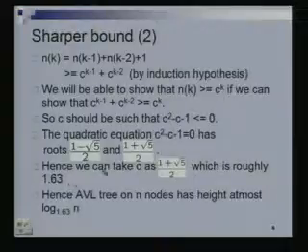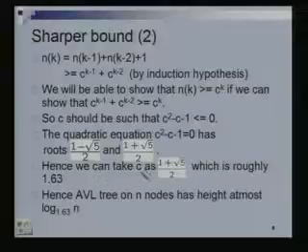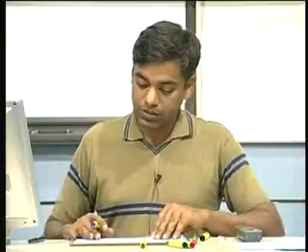And so you will have that the AVL tree on n nodes has height log of n to the base 1.63, this quantity. Because what have we said? We have that if I take a tree on n nodes, we just do the same argument as before.